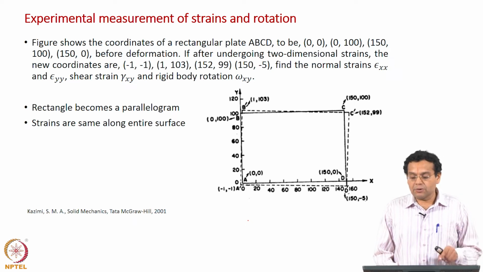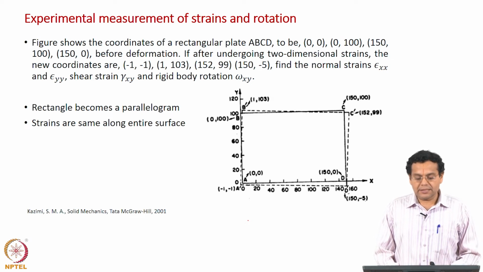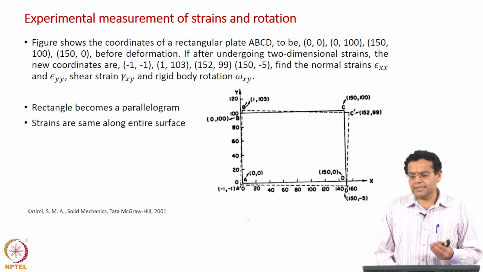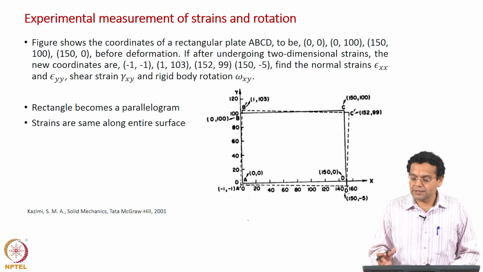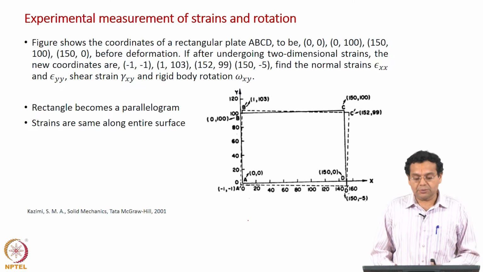If after undergoing 2 dimensional strains, okay, the new coordinates are also given, okay. Find the normal strains epsilon xx, epsilon yy, this is new. Okay. Earlier the question was find the displacement gradients, now the question is find the normal strains epsilon xx, epsilon yy, shear strain gamma xy, and rigid body rotation omega xy.